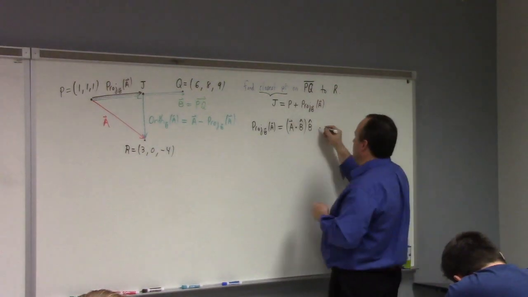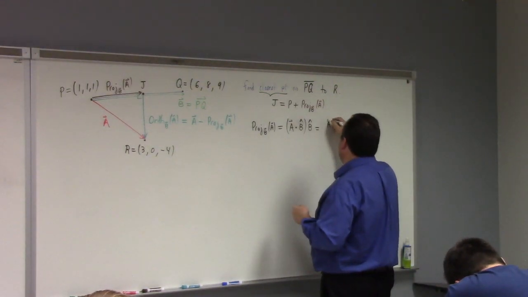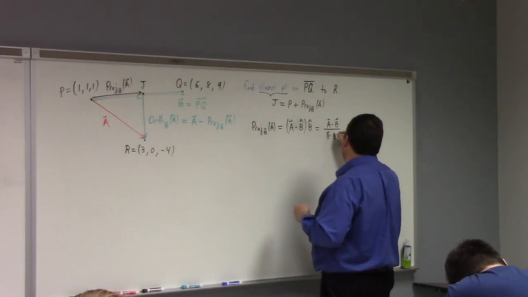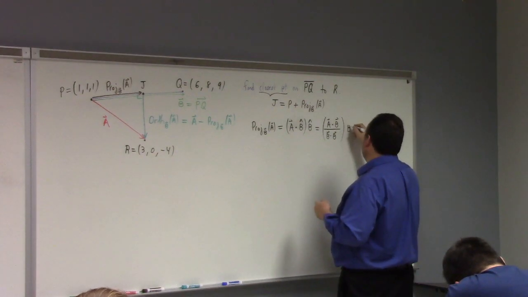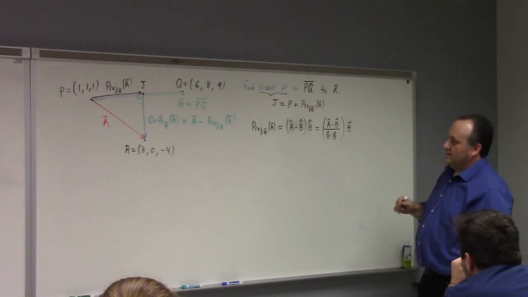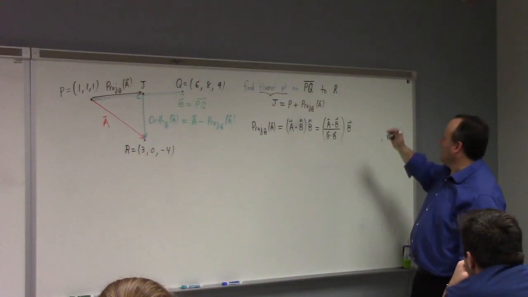Now, a nice formula for that is just A dot B divided by B dot B, and we multiply by B. We can calculate it that way. I guess I need to write down the vectors A and B. What are those?